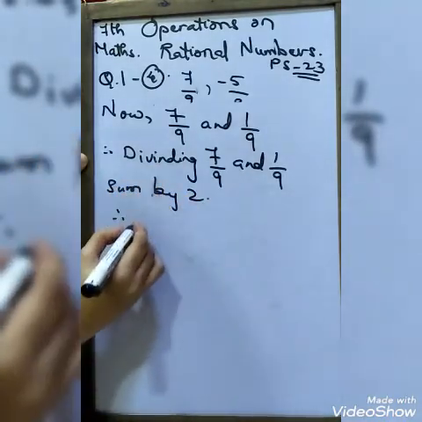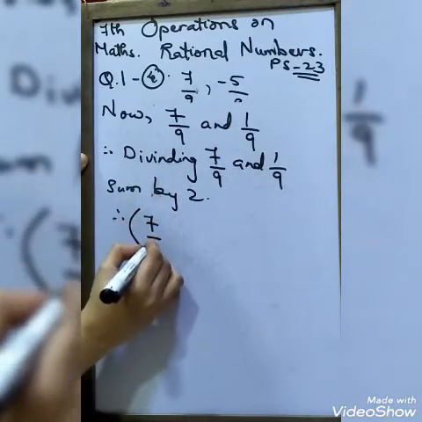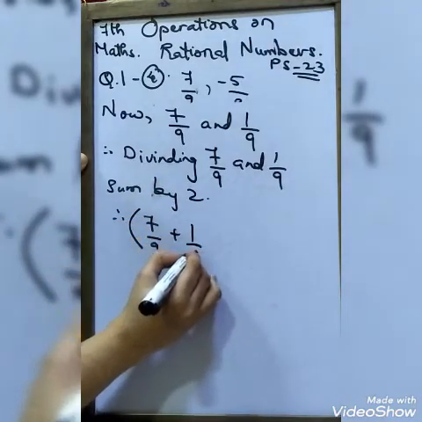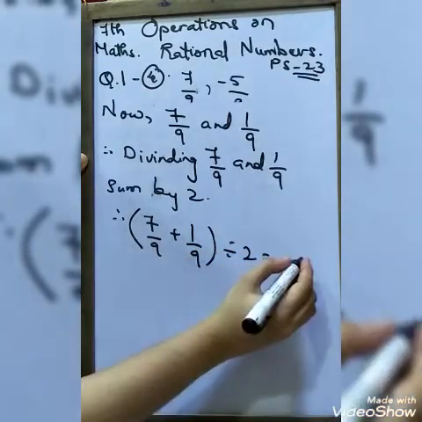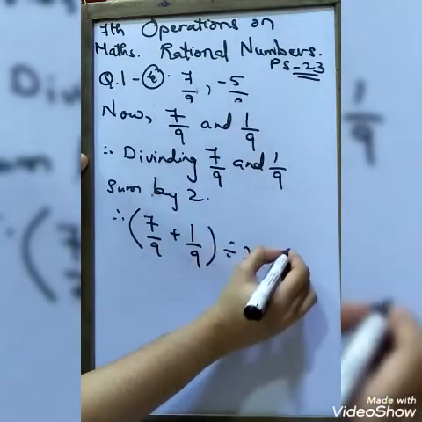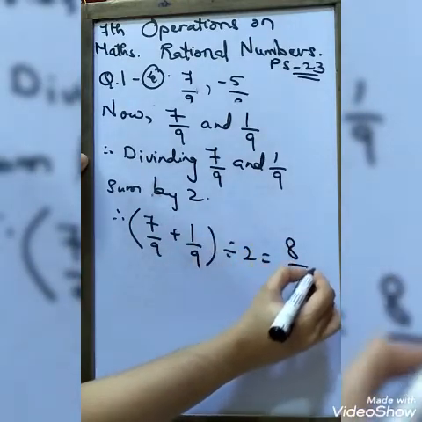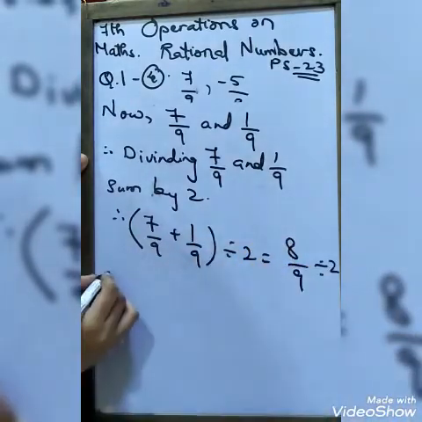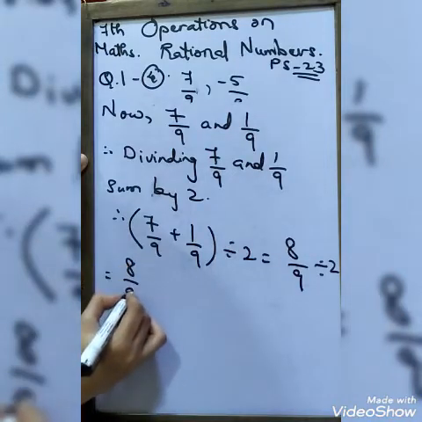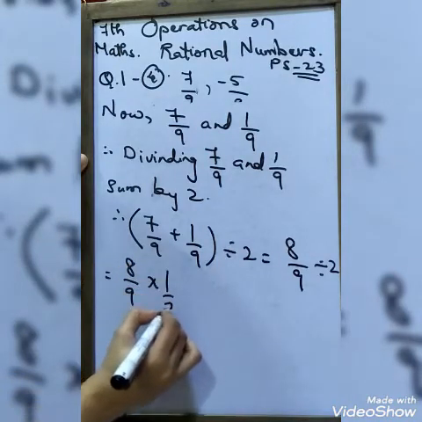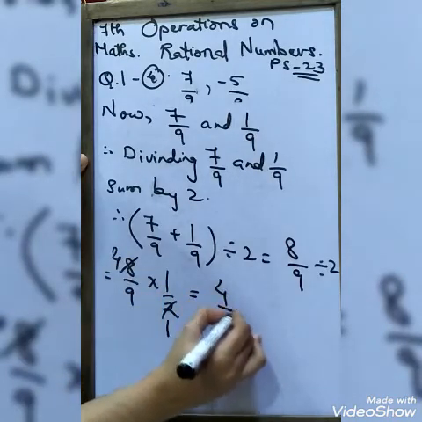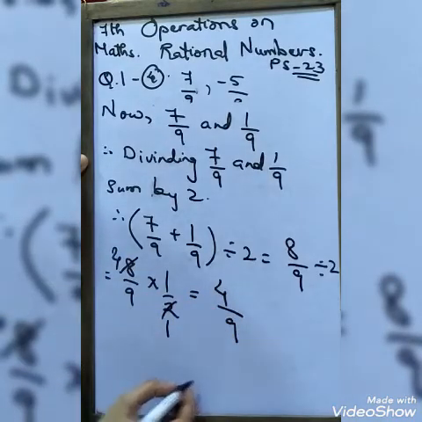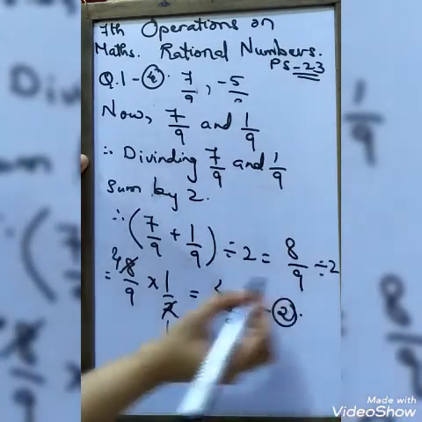So 7 upon 9 plus 1 upon 9 divided by 2 equals, now here the denominators are same, so 7 plus 1 is 8 upon 9 divided by 2. So the answer will be 8 upon 9 into 1 upon 2. So 2 ones are 2, 2 fours are 8. So the answer is 4 upon 9. So this is our second number.